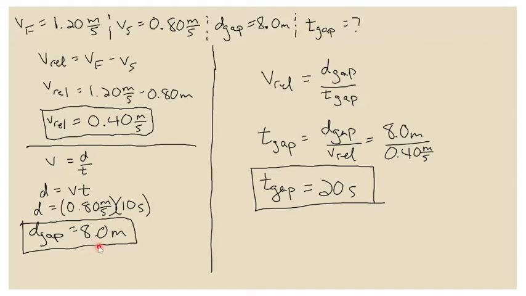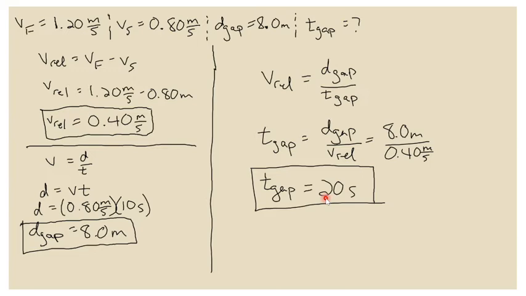That 8-meter distance then is the gap distance which the father is closing throughout the trip because he is swimming faster than his son. And so we use the equation relative velocity equals the gap distance over the gap time. And solving for the gap time, we get gap distance over the relative velocity. And that gives us 8 meters over 0.4 meters per second, which is, what do you know, 20 seconds.